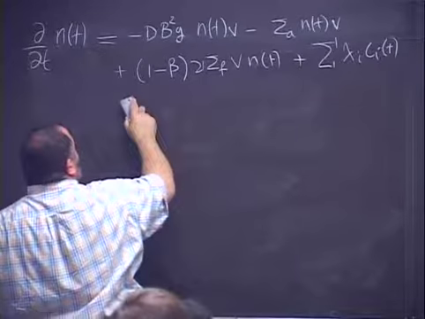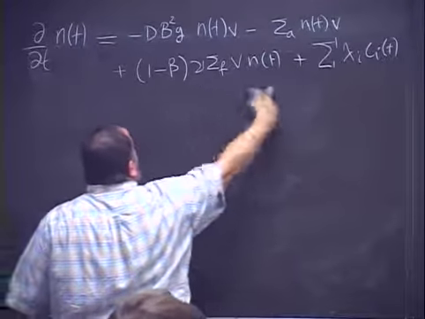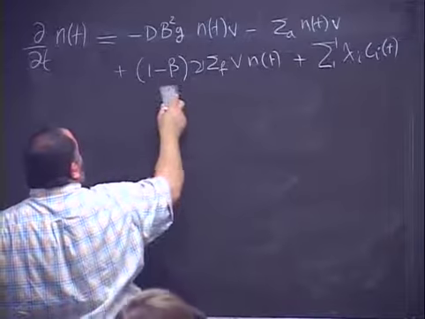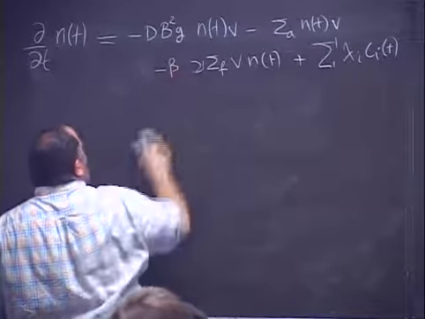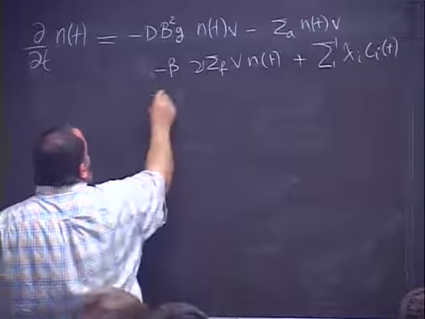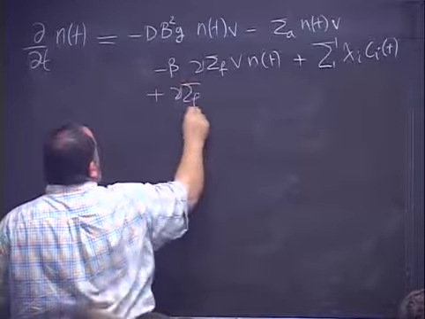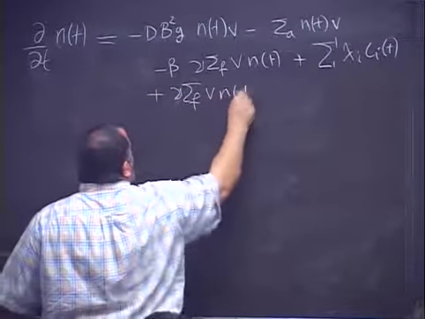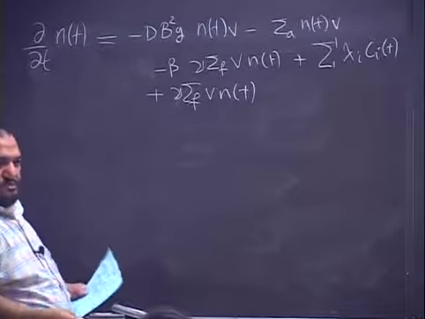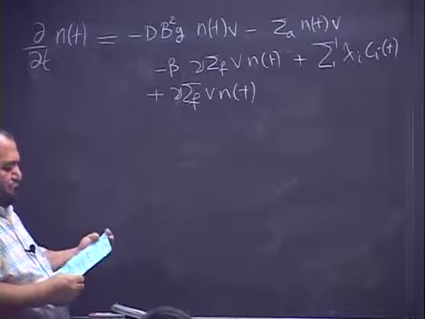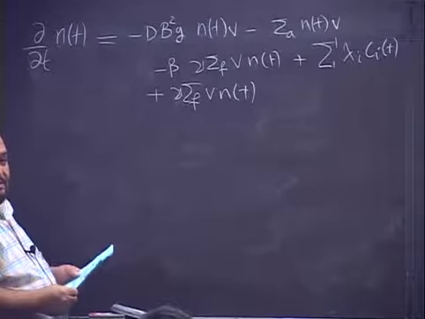Okay, guys? Then I will multiply it by negative beta. So I will have negative beta plus nu sigma fission V n of t. I did not do anything, I just expanded.